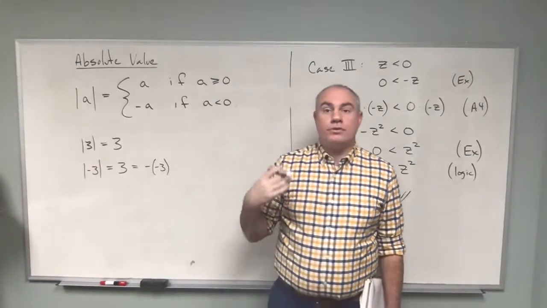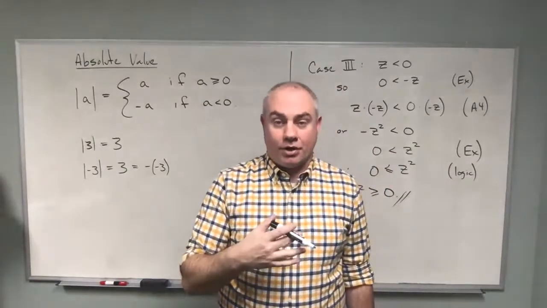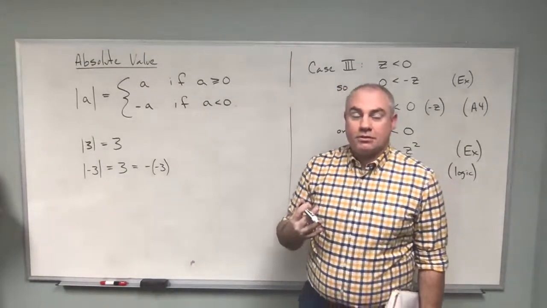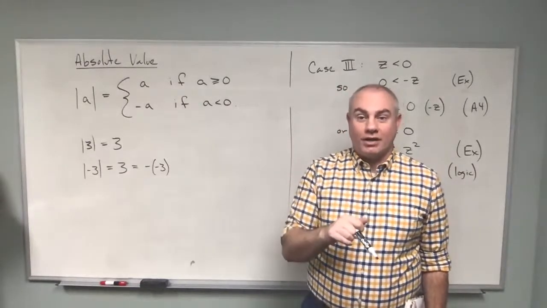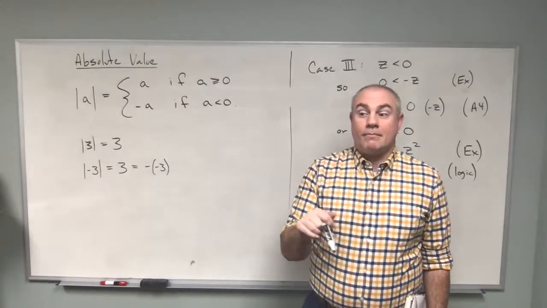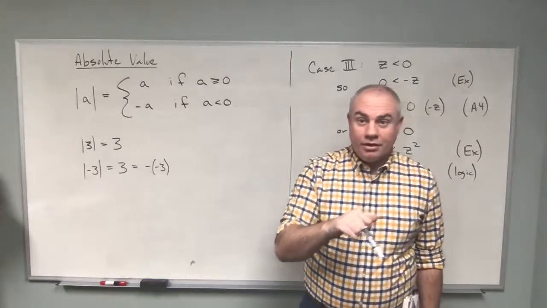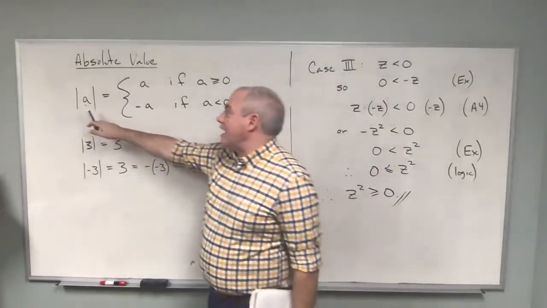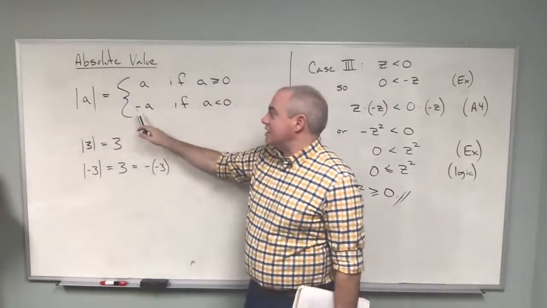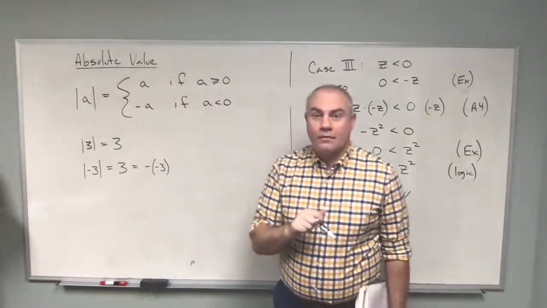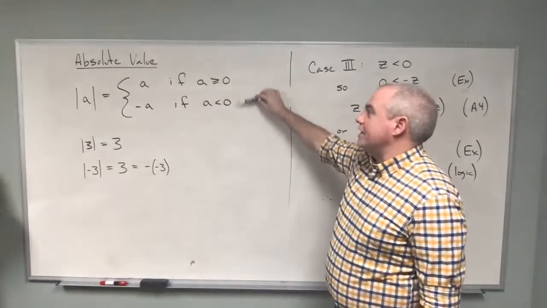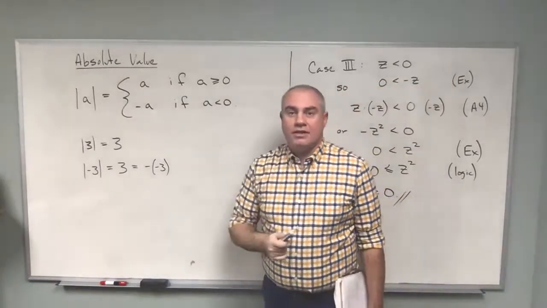So what you do to a negative number when you take the absolute value is you multiply it by -1, to make it a positive number. So it does make sense that the absolute value of A sometimes can be negative A if A is a negative number. Okay, but this is an important definition, and we're about to use it to prove some things.